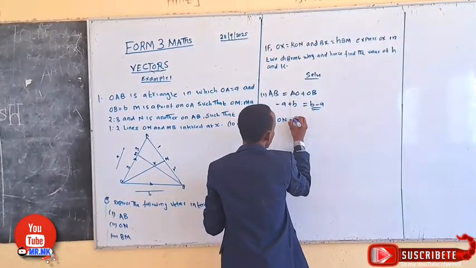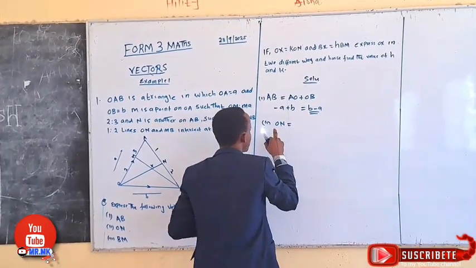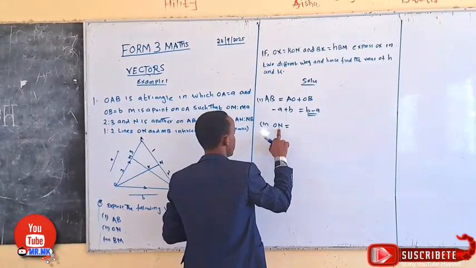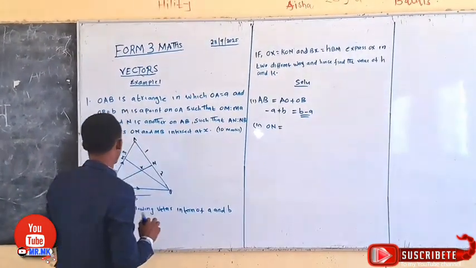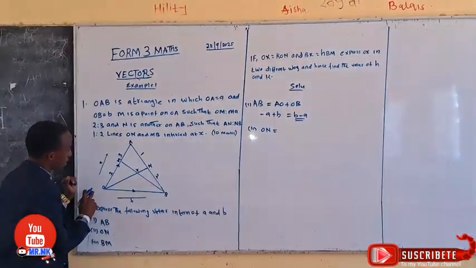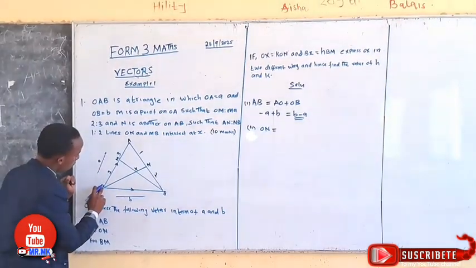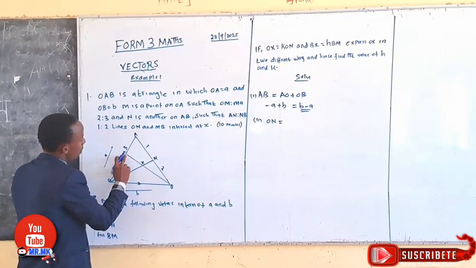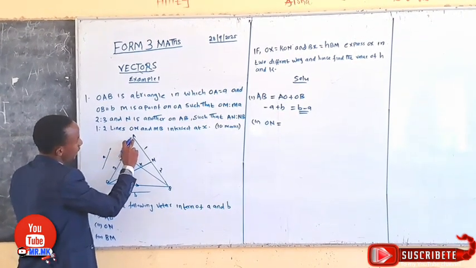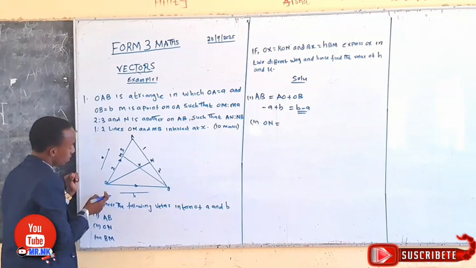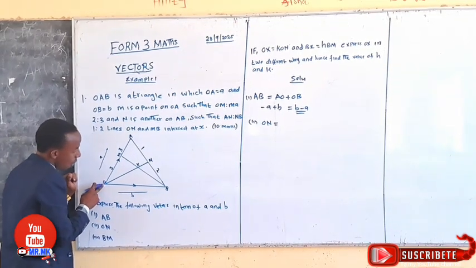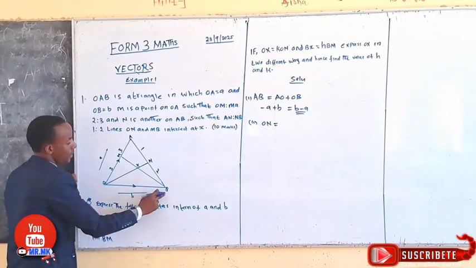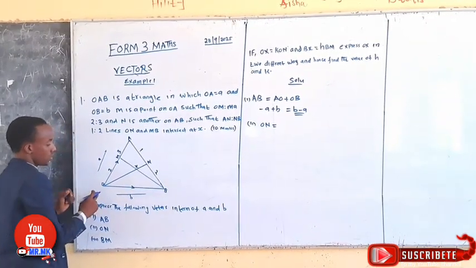If you want to get ON, your first letter must be O and your second letter must be N. That is what we have agreed. Let's go back. If I move from OB to BN, that is okay.